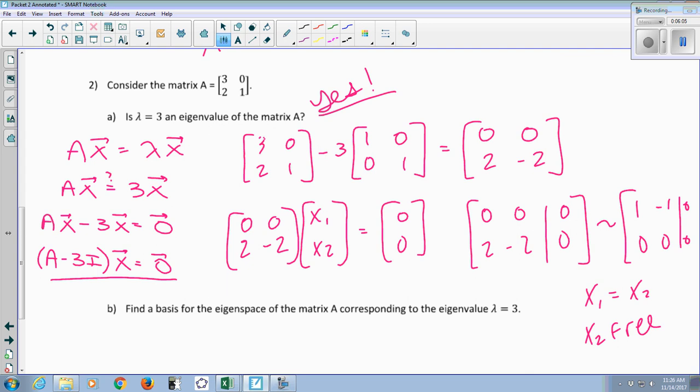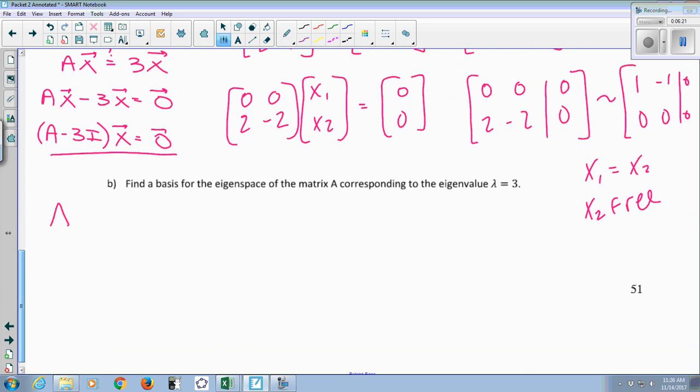If we want to find a basis for the eigenspace, that means we want to list every possible x that makes this equation true. The eigenspace is all eigenvectors corresponding to a specific eigenvalue. So this is all x such that Ax equals 3x. We were able to say, yes, lambda equals 3 is an eigenvalue because there was a solution.